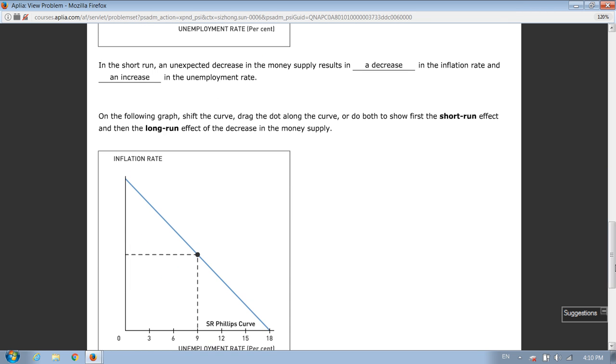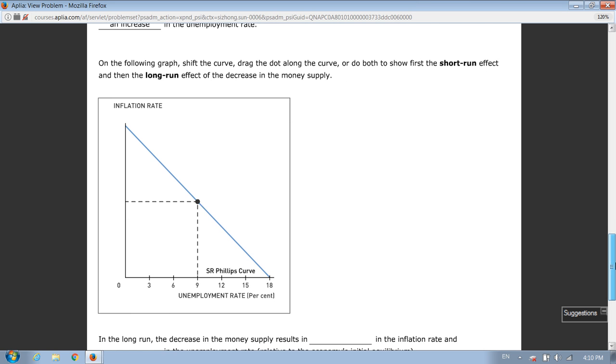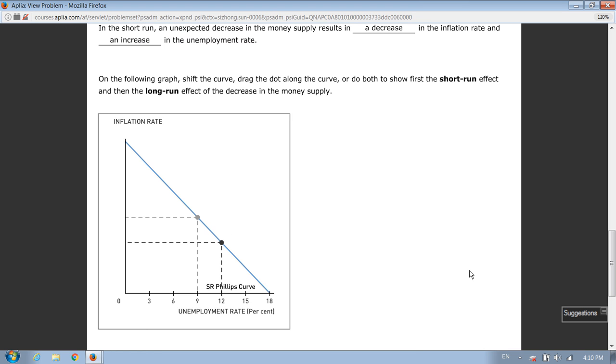On the following graph, shift the curve, drag the dot to show first the short-run effect and then the long-run effect of the decrease in the money supply. First, move the dot downward this way. That's in the short run.